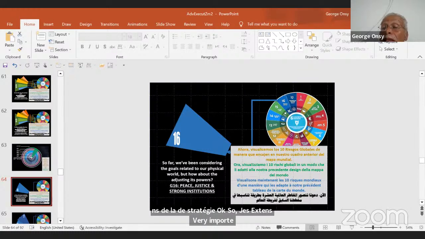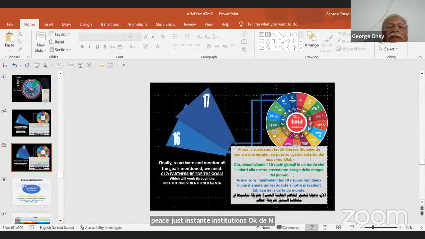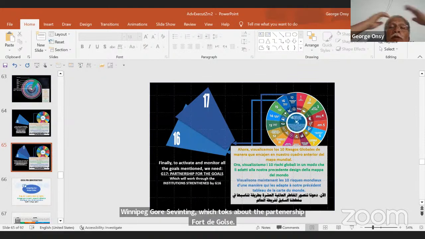Okay, then let's move to number 17. The UN set number 17 as the one which monitors all of them, connecting all of them. So I say that to activate and monitor all the goals mentioned, we need goal 17, which talks about the partnership for the goals, which means that all these goals need partnership, that we should work together in order to achieve them.